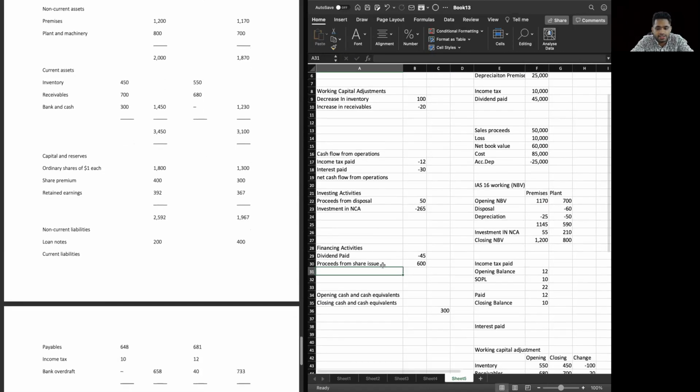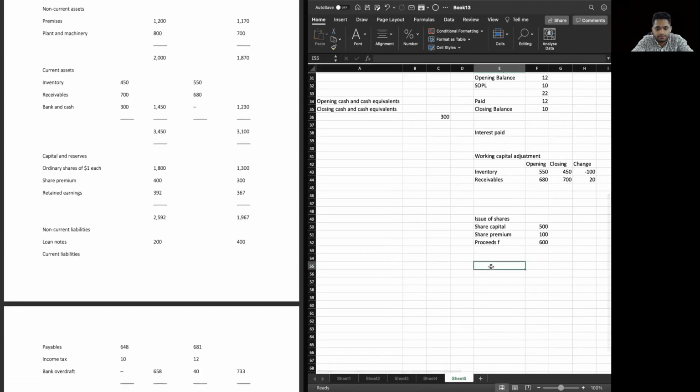Your retained earnings. The opening balance of your retained earnings is going to be 367. The profit for the year was 80.